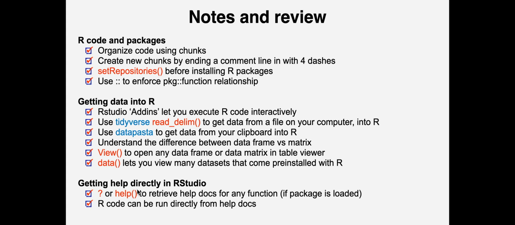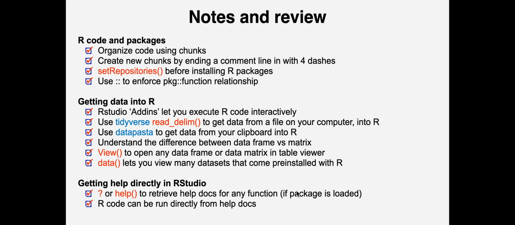All right, and lastly, you can get help directly in RStudio. Use the question mark followed by the name of a function, or equivalently use the help function and list the name of the function inside the parentheses that you're looking to retrieve help documentation on, and that'll open the help docs in the help tab for any function.